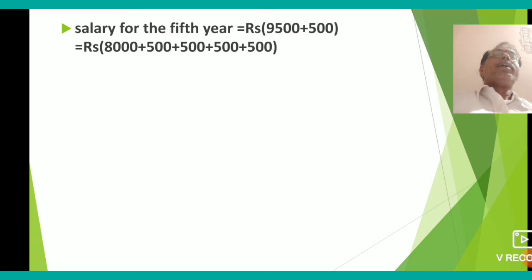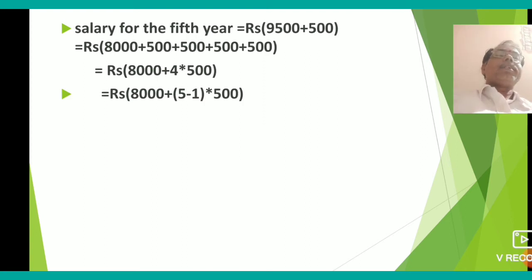That's why we are writing 8,000 plus 500 plus 500 plus 500, that is 1,500, plus this year's increment 500. So totally here we got four 500s. Then 8,000 plus 4 into 500. So now the fifth year salary becomes 8,000 plus 5 minus 1 into 500. This is the fifth year salary, that is 8,000 plus 5 minus 1 into 500. So obviously what do you get? 10,000.